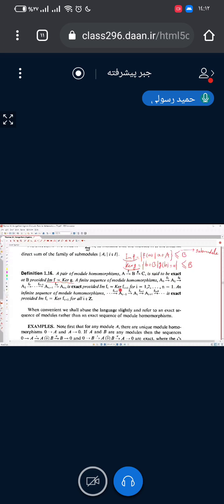An infinite sequence of module homomorphisms in this form is exact provided that image of Fi equals kernel of F(i+1) for all i in Z. This definition is for infinite sequences of homomorphisms.